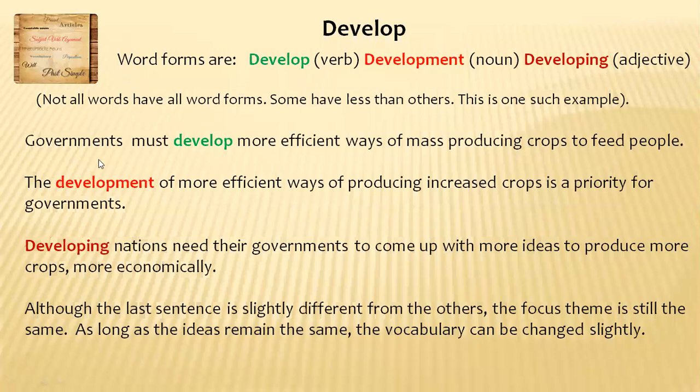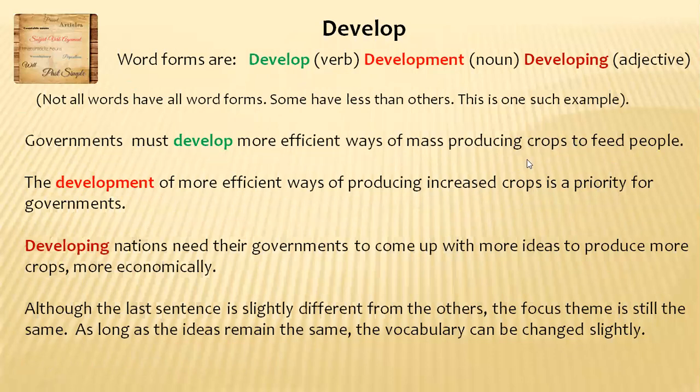So now the sentences I've got here are about governments producing food to feed people. Governments must develop more efficient ways of mass producing crops to feed people. So develop is the verb. The development of more efficient ways of producing increased crops is a priority for governments.